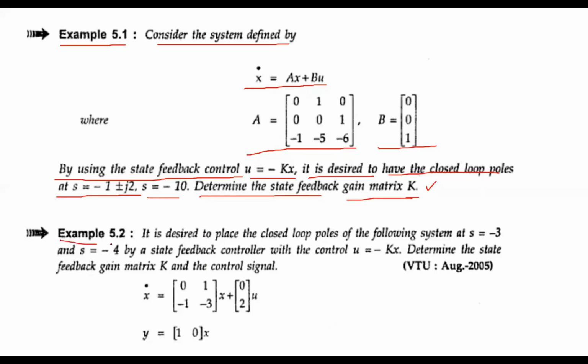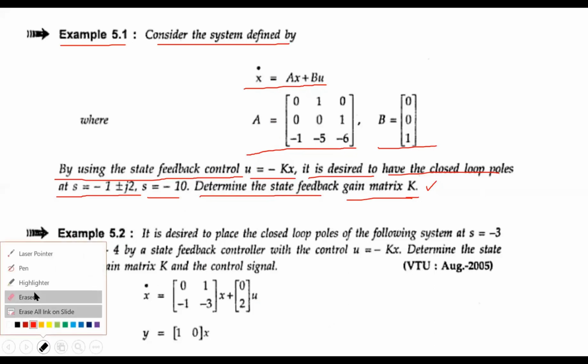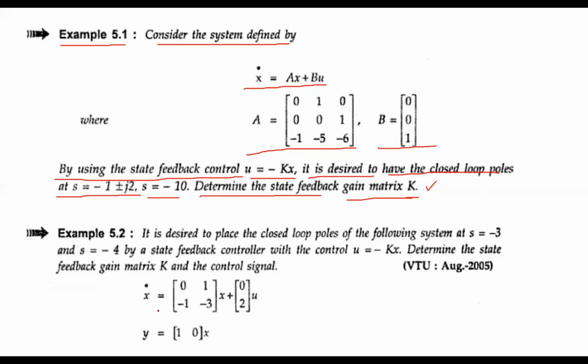Coming to the second problem, what he is going to explain. It is a second order system, because the given matrix is a second order matrix. Here the closed loop poles are given: S is equal to -4 and S is equal to -3. We need to find the gain matrix K with respect to this problem.